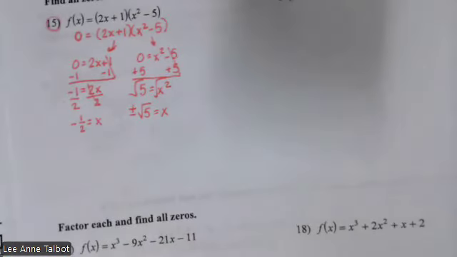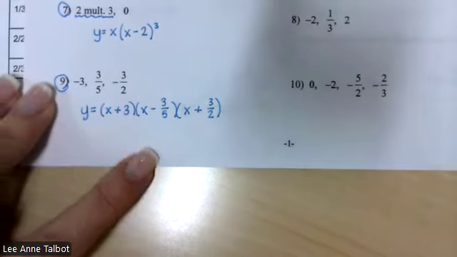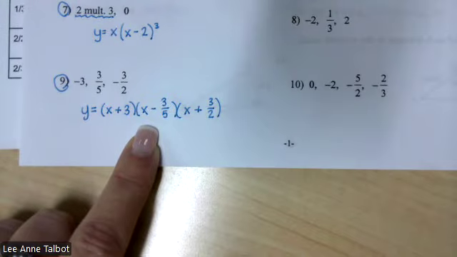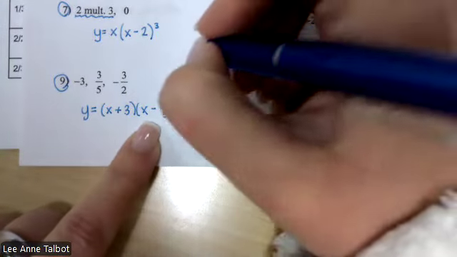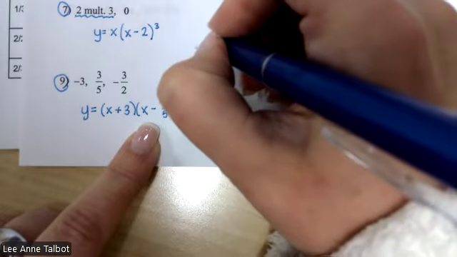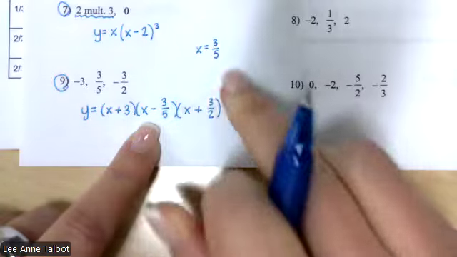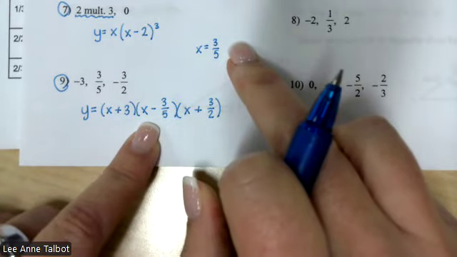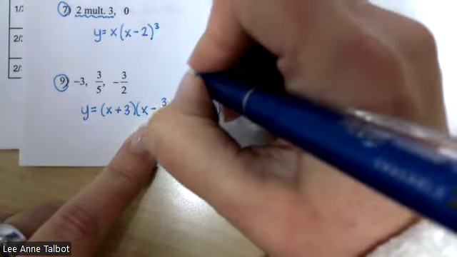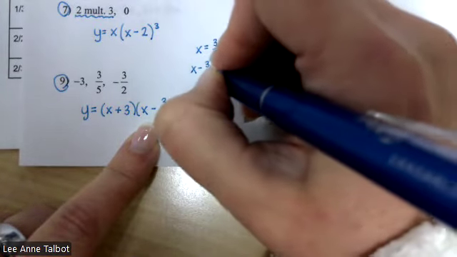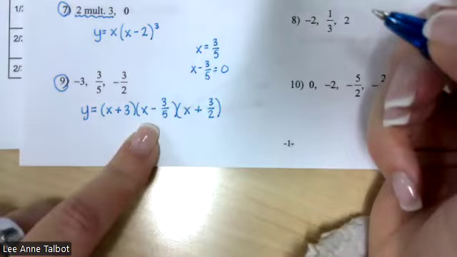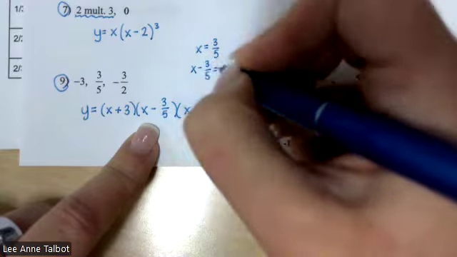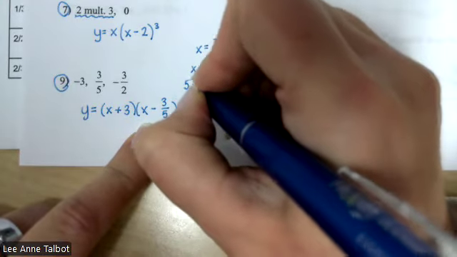So what you do is you say, okay, I don't want it to look like this. This looks terrible. So I have x equals 3/5. Don't do this math, by the way. You can, but don't do it. x minus 3/5 equals 0. That's what I'm saying right here. And then multiply everything by 5.